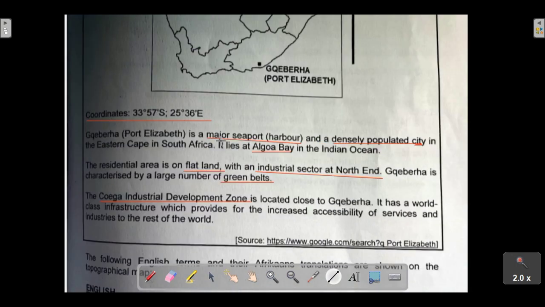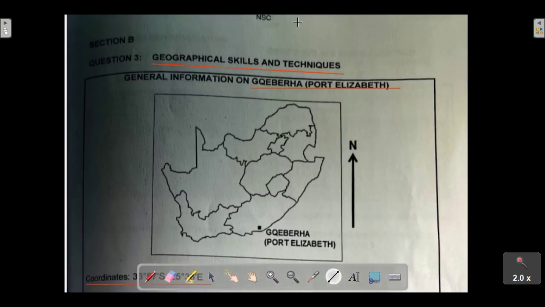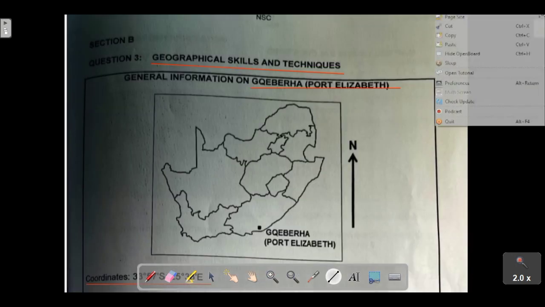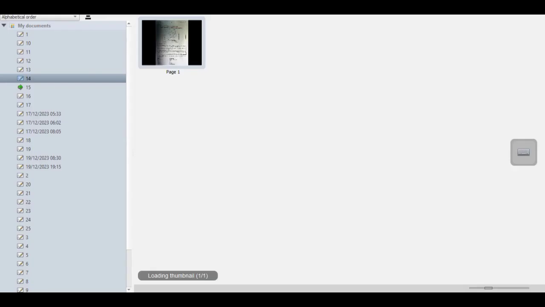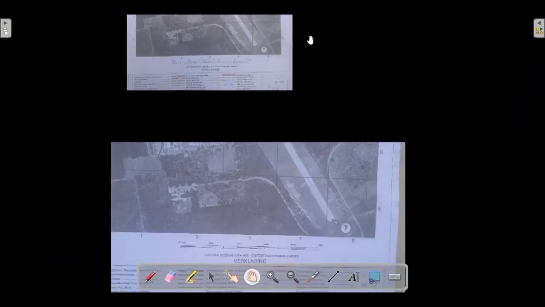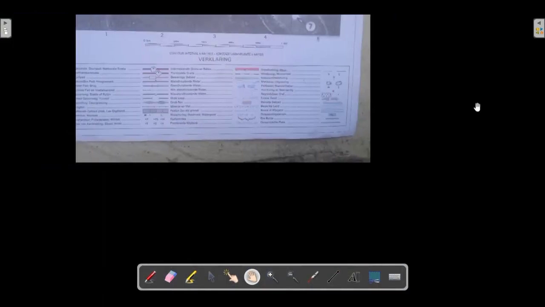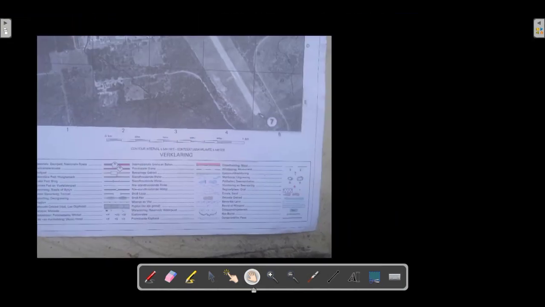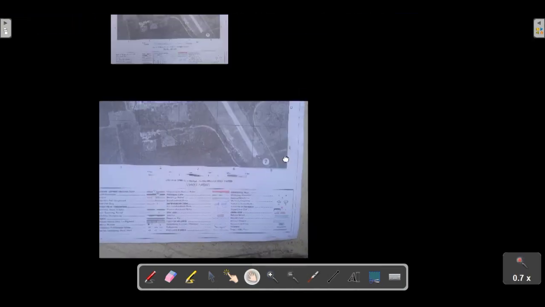Right now let's look at the questions and start tackling question 3. Let's see what they have for us. These are pictures that I took of the map. I just hope that you guys do see them.